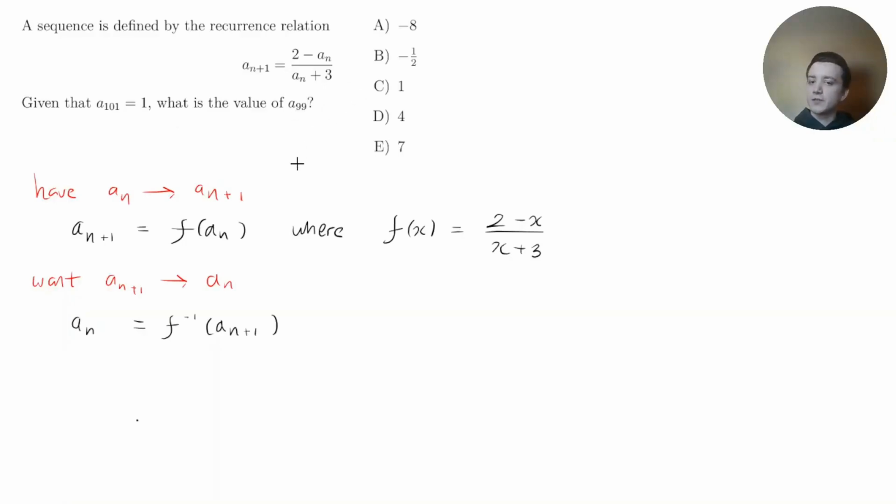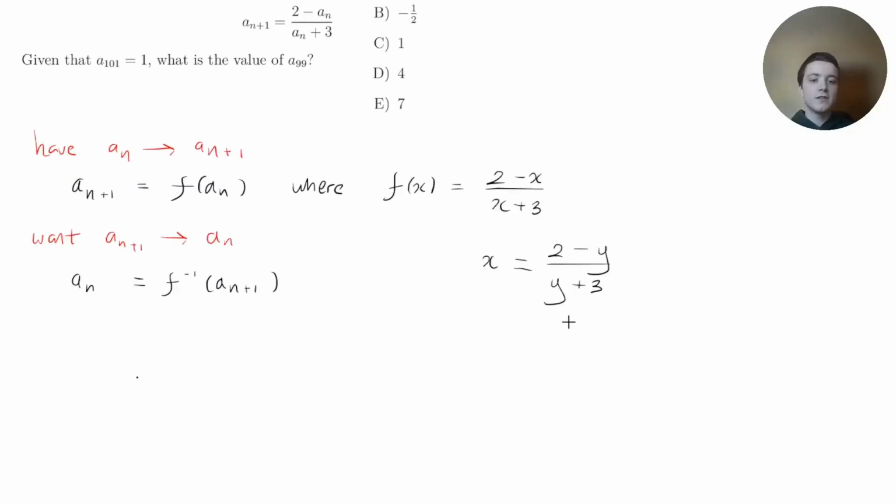So finding the inverse of a function like this is something we're taught to do at A level, so that should hopefully be quite routine at this point. We can write x equals (2 minus y) over (y plus 3), where y is the inverse function. Then if we rearrange for y, we're going to be finding the inverse function.